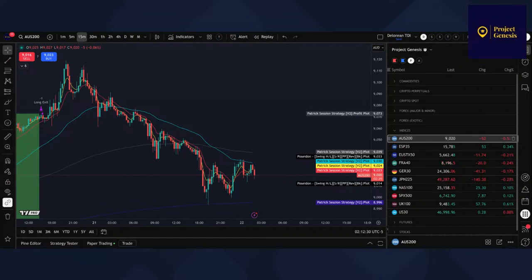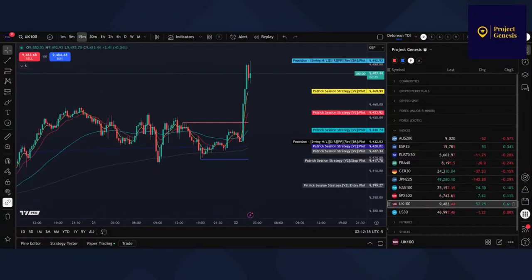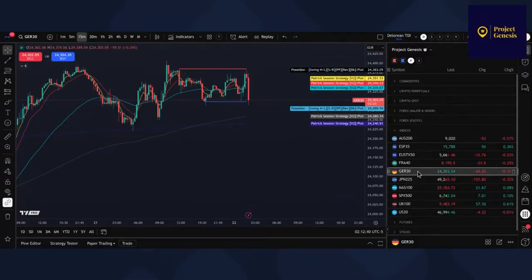Yeah, that's the only one I can see might be a candidate for this evening. It would be UK 100, and maybe, just maybe, nope, just UK 100.